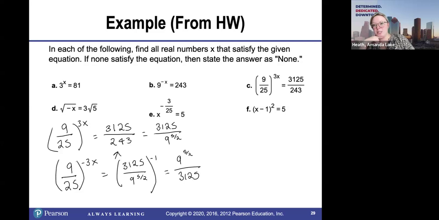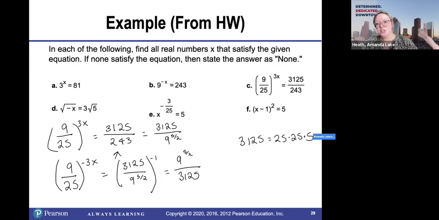Now I need to write 3,125 as some power of 25. If I take 3,125 and divide it by 25, I get 125. And 125 is 25 times 5.